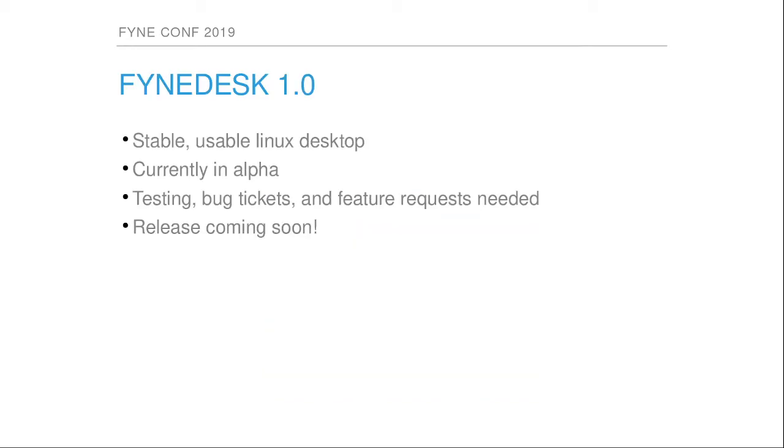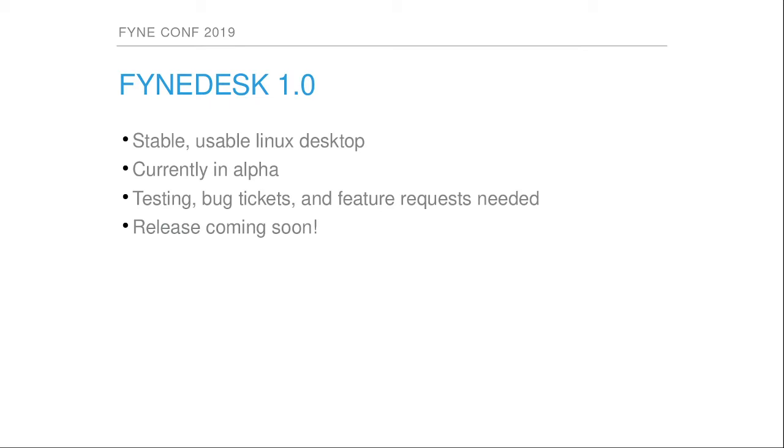So that brings us to FyneDesk 1.0. It is currently in alpha, and our goals for it really are to be a stable and usable Linux desktop. Not necessarily the most feature-filled for this first release, but one that can be used as a daily driver without issue on Linux. And we are very close.